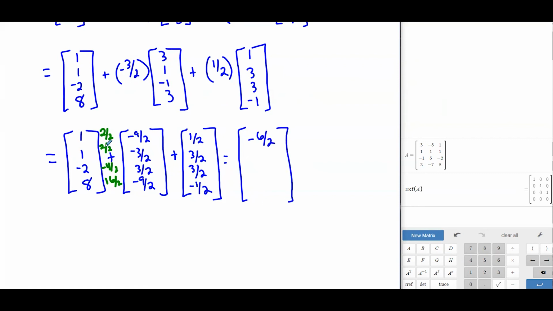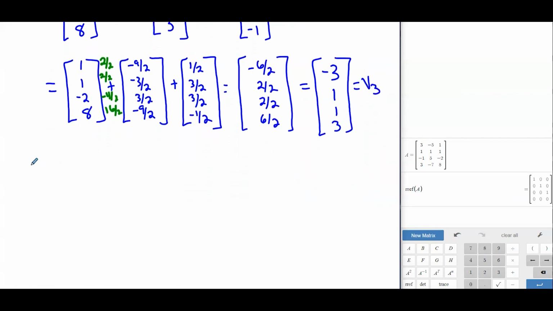I've got 2 minus 3 plus 3, so it's going to be 2 over 2. Negative 4 plus 3 plus 3, that's going to be 2 over 2. And I've got 16 minus 9 minus 1, that's going to be 6 over 2. So this comes out to negative 3, 1, 1, 3. So that is our v3.